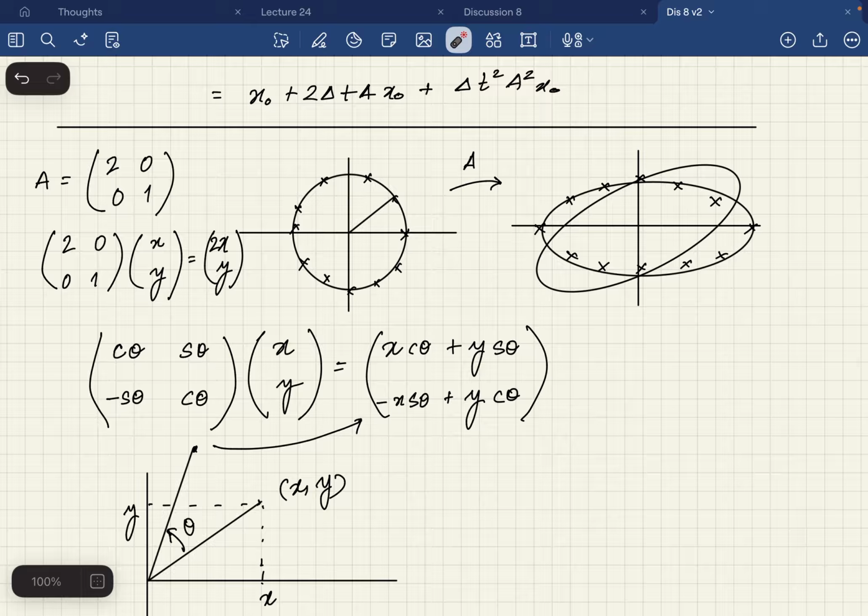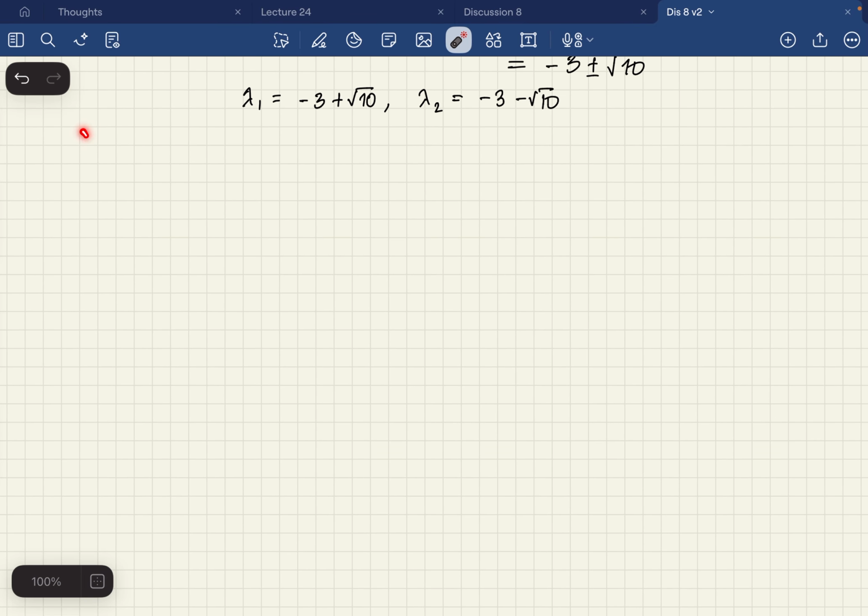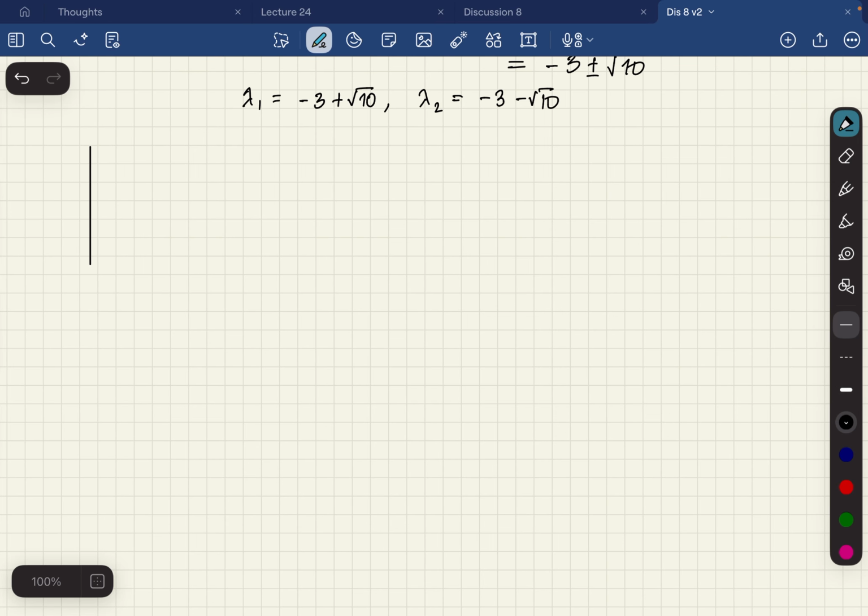Now let's see what happens when you multiply a vector like this with some matrix A, and A has eigendirections v1 and v2, such that the eigenvalue associated with v2 is larger than the eigenvalue associated with v1.